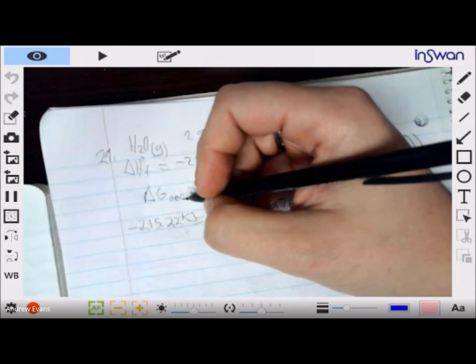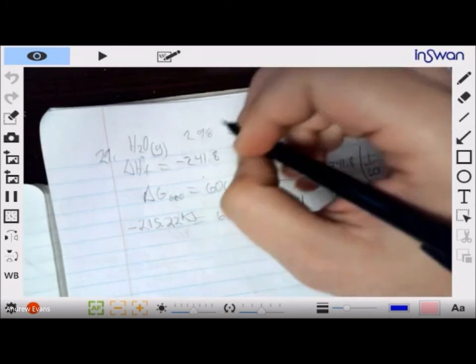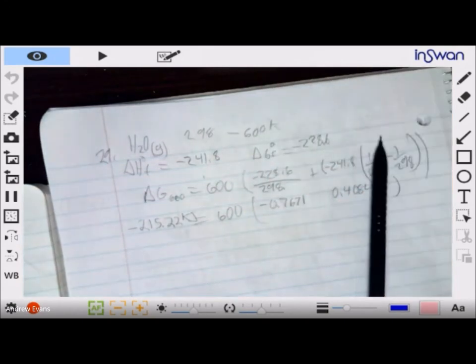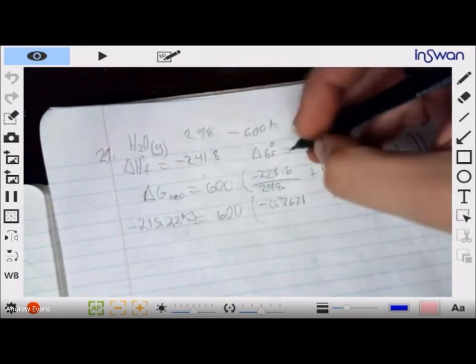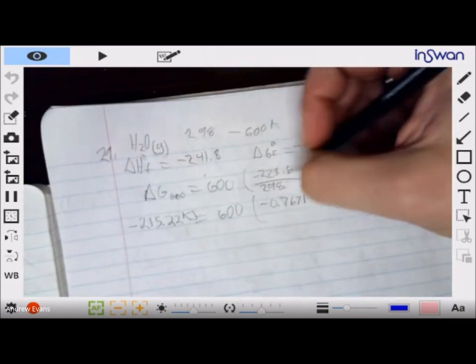Now, the other thing they ask us to do for that one is calculate the relative change. How much has it changed over that temperature range?